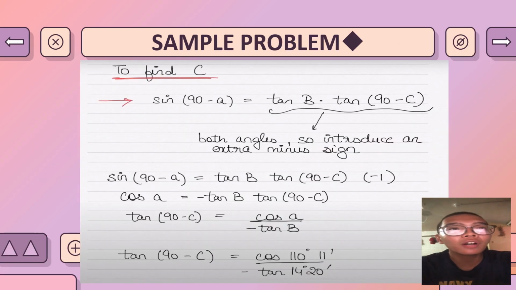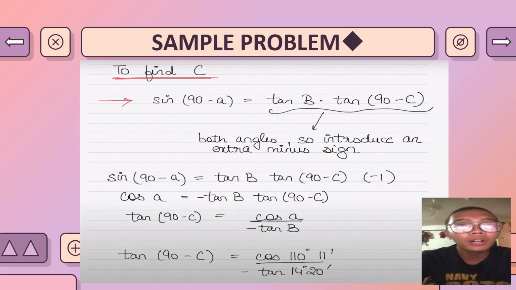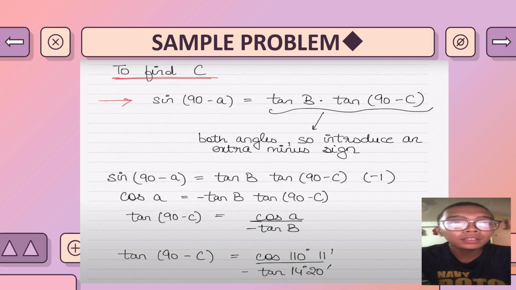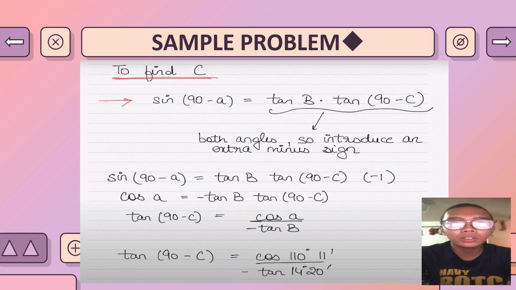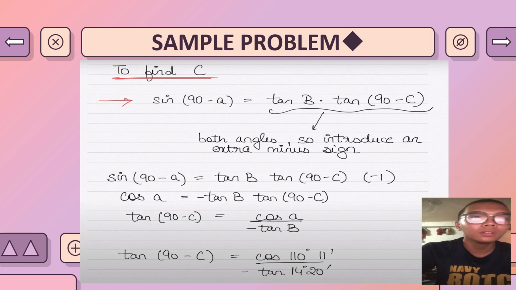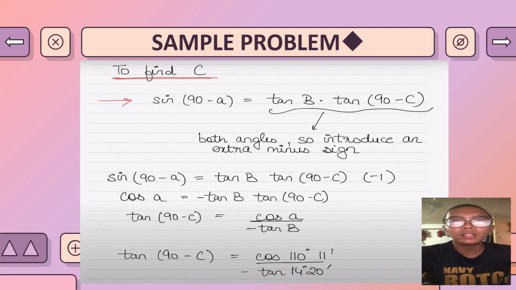Next is to find the angle C. To find angle C, sine of (90 minus A) is equal to tan B multiplied by tan of (90 minus C). Both are angles, so we introduce an extra minus sign. So sine of (90 minus A) is equal to tan B, then tan of (90 minus C), and we put negative 1 since they are both angles.